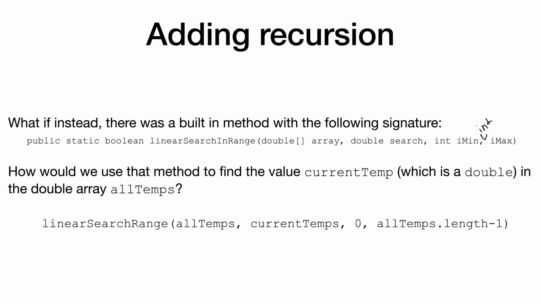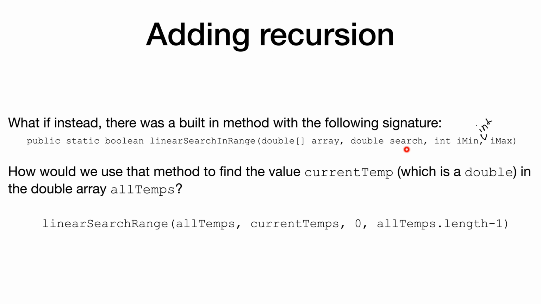So how would we, instead of using that for loop that we had on the last slide, use this method to search in place of those loops? Assuming currentTemp and allTemps are our search and array. Well, you'd make the call. Our array is allTemps, and that goes into array.